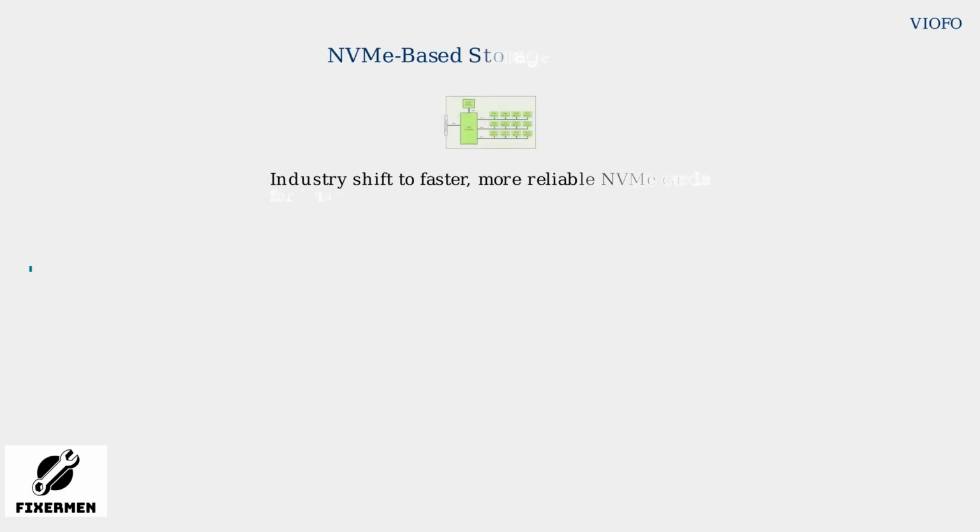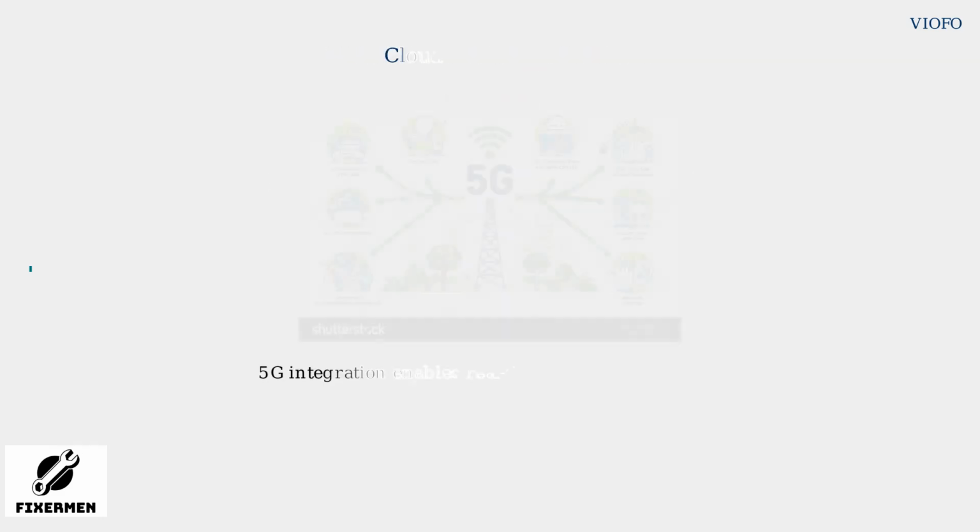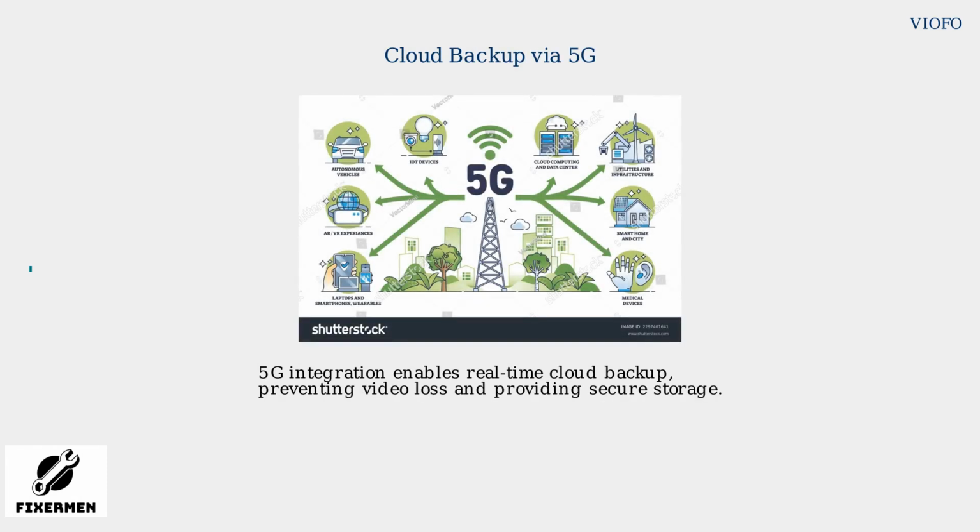The industry is moving towards more reliable storage solutions like NVMe-based cards, which offer faster write speeds and better error correction to eliminate corruption risks. Cloud backup via 5G will help prevent video loss by automatically uploading your recordings to secure cloud storage, with fast 5G speeds ensuring reliability. When upgrading your dashcam in the future, consider these advancements for better reliability and data protection.